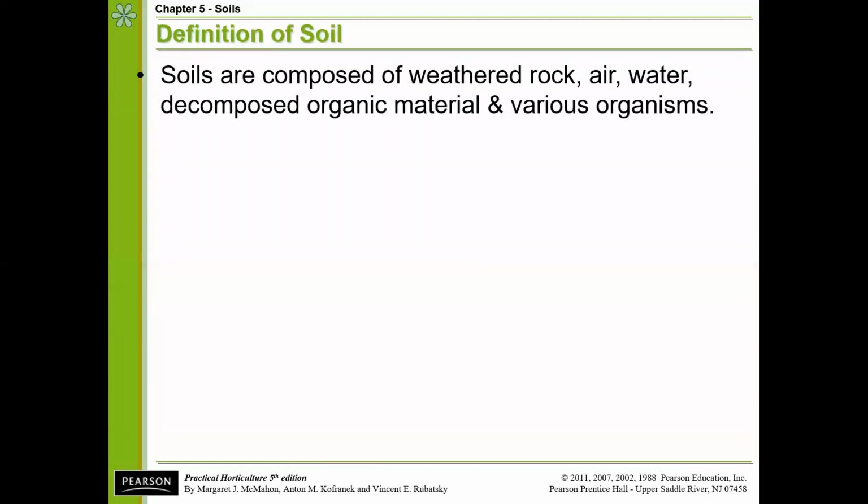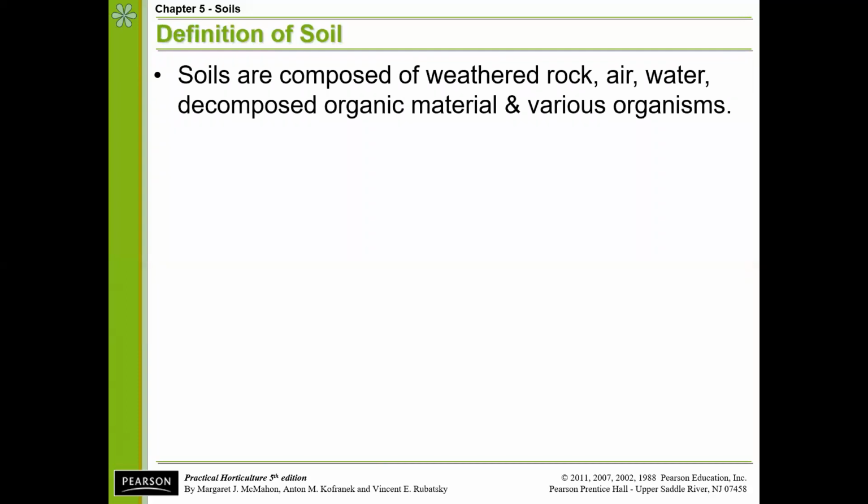So as I mentioned, soils are composed of this weathered rock, which is the parent material. But it's also got air, water, and decomposed organic matter, which is just things that came from living things, as well as currently living organisms too.